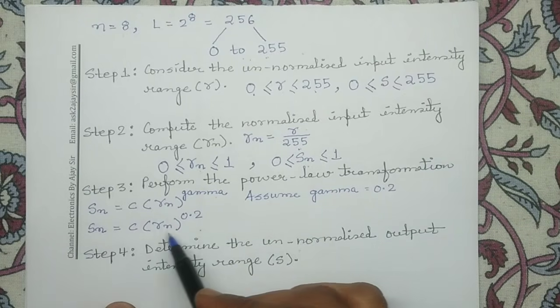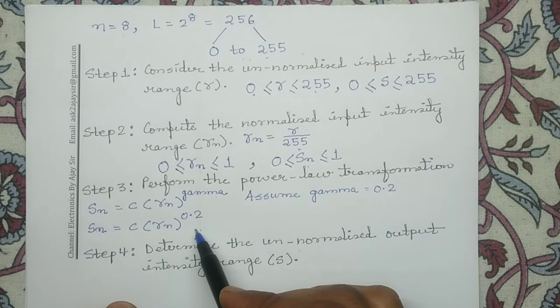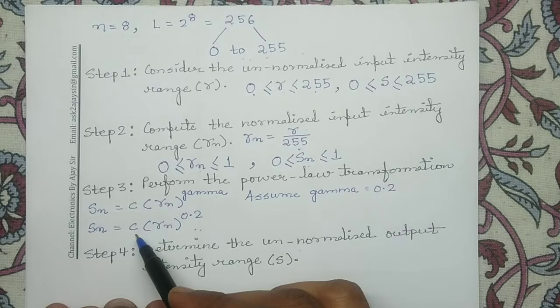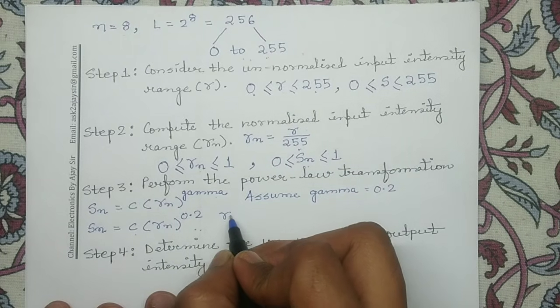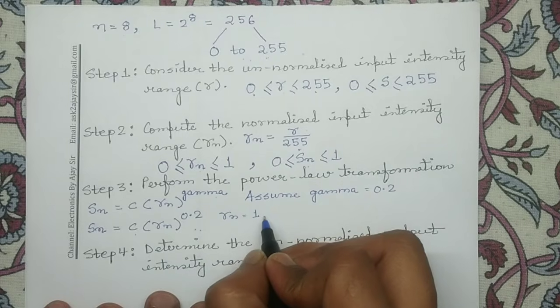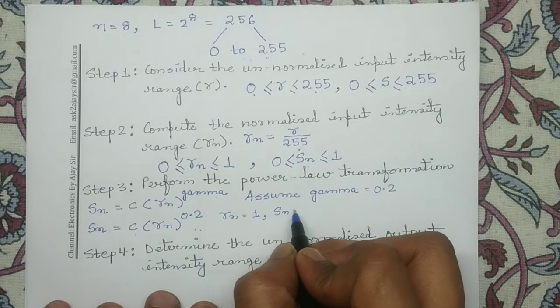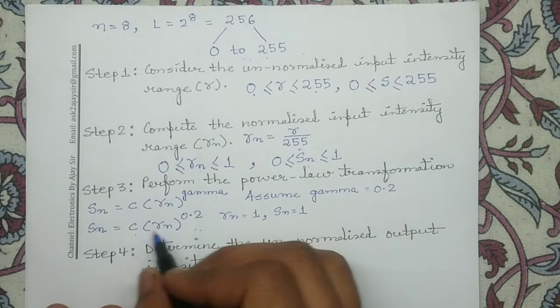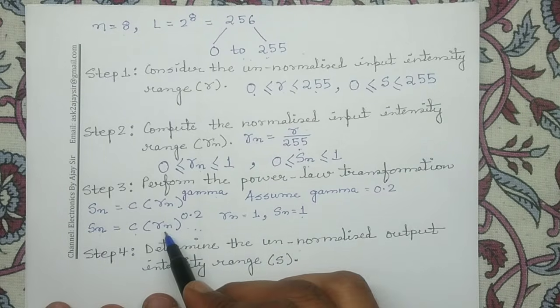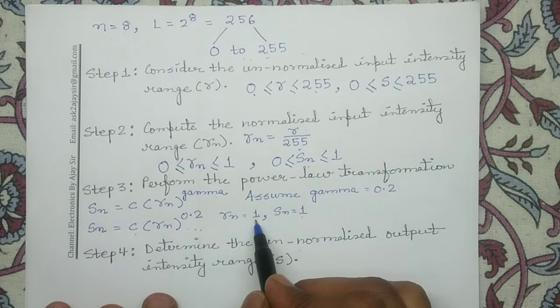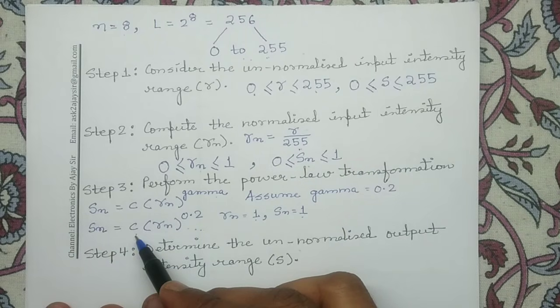Now in this equation of Sn, we have to determine the value of C, and for the same we will apply the boundary condition: when Rn equals 1, Sn equals 1. So in place of Sn, I will substitute the value 1, and in place of Rn, I will substitute the value 1, and we will determine the value of C.